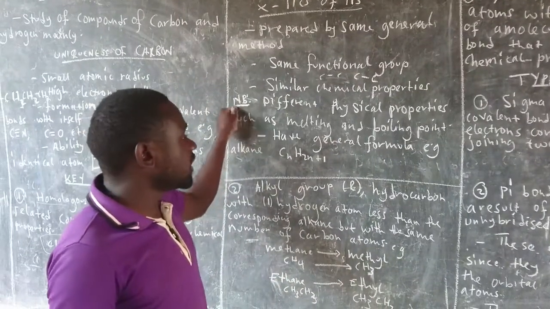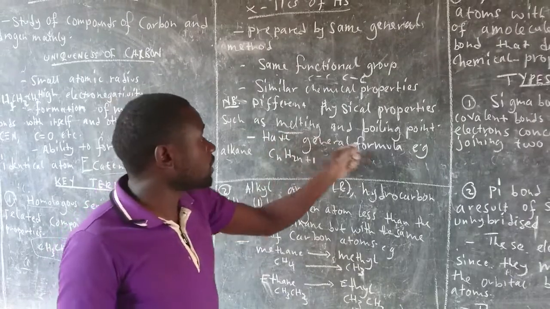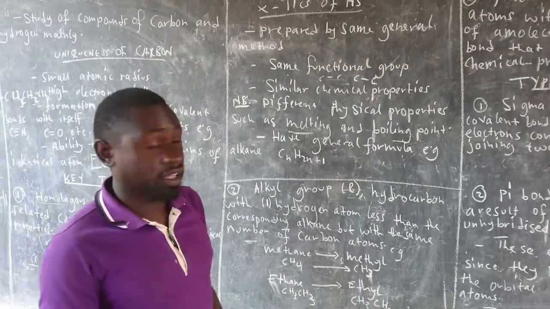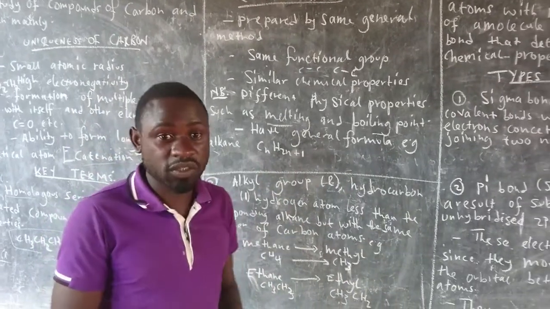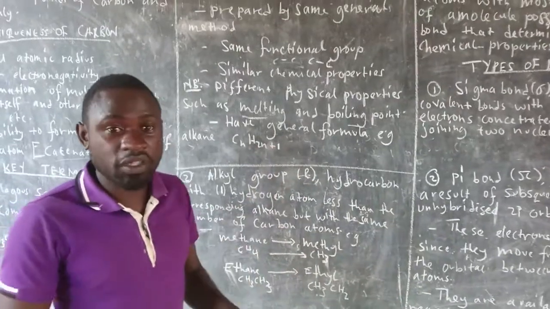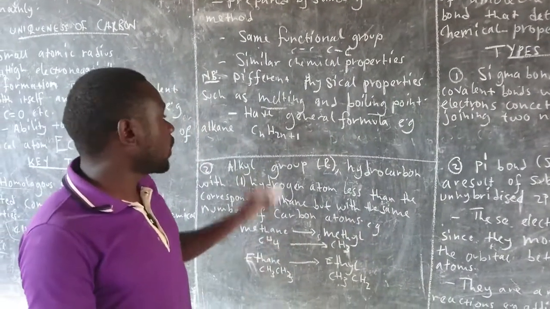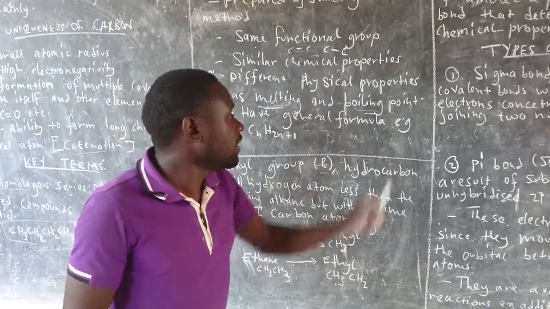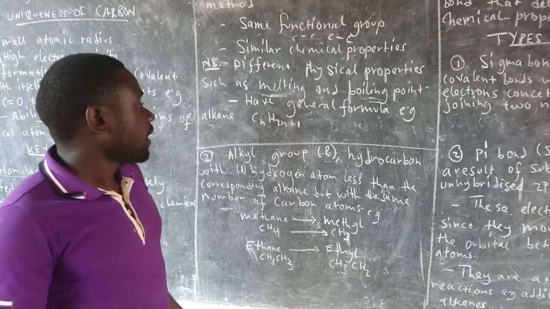But the only difference is their physical properties, such as melting point and boiling point. Why? Because as you go on adding carbon atoms, that addition increases their molecular weight, and the molecular weight is what determines the melting point and the boiling point.